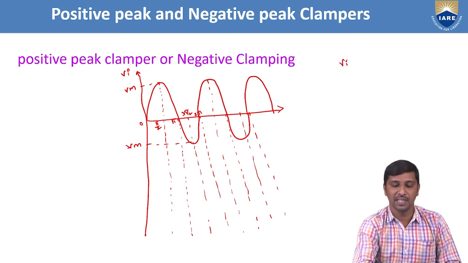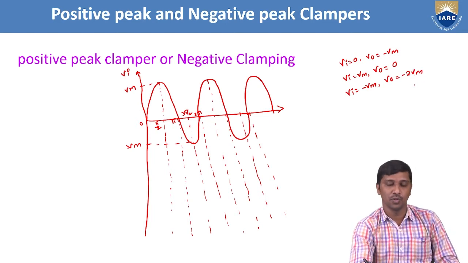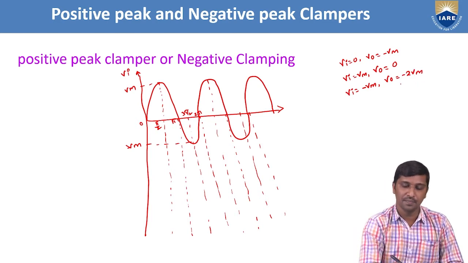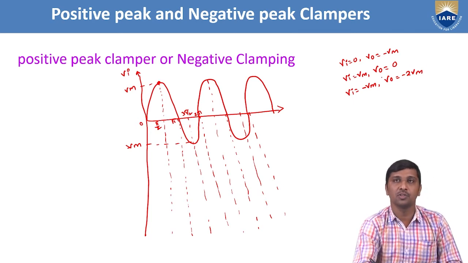We observe when Vi is 0, V0 is minus Vm. When Vi is Vm, we observe that V0 is equal to 0. When Vi is minus Vm, we observe that V0 is equal to minus 2Vm. Now we see first, at this point, when Vi is Vm, what output voltage do you observe?